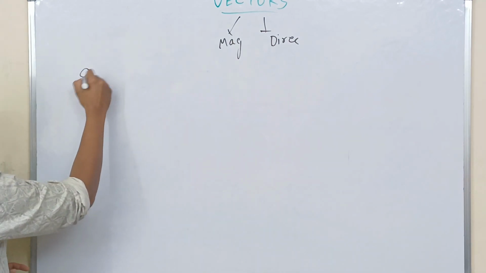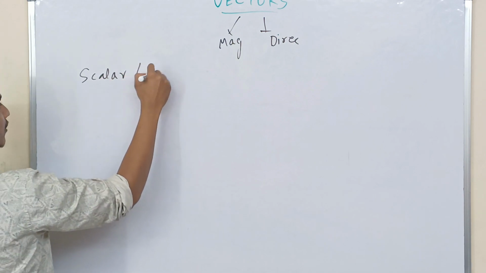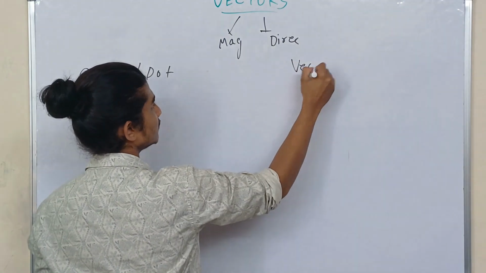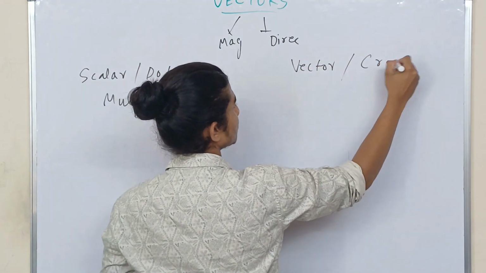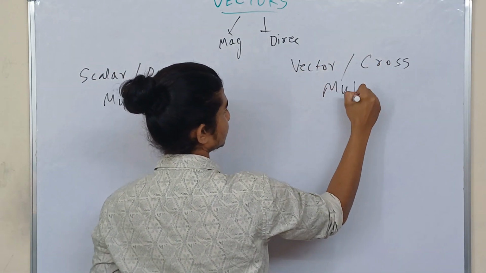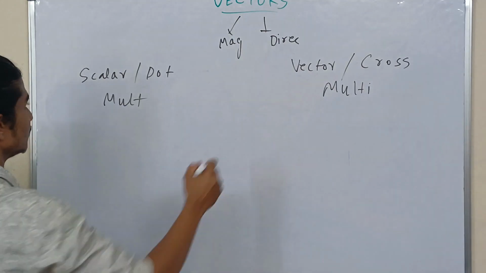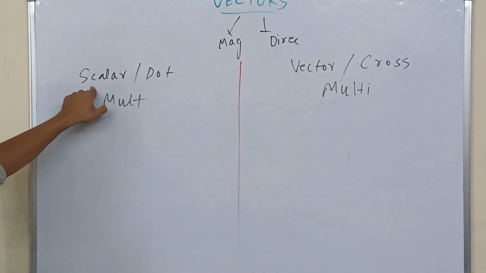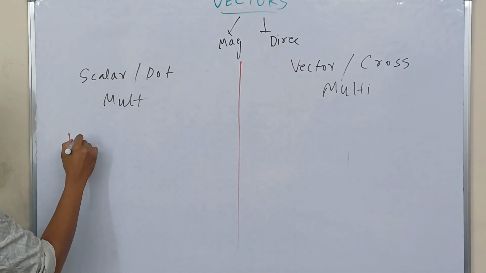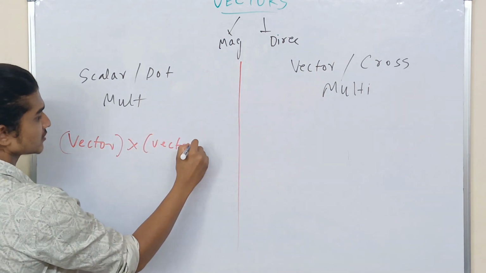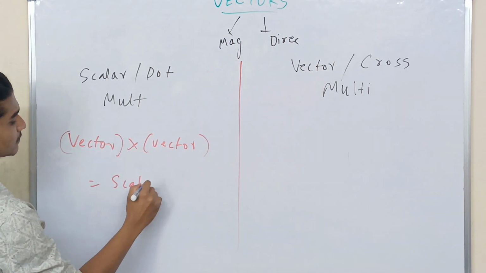The first one is scalar or dot multiplication. The second one is vector or cross multiplication. Let me explain the fundamentals of these two types of multiplication. In scalar or dot multiplication, when you multiply two vectors, vector into vector, your answer is going to be a scalar.